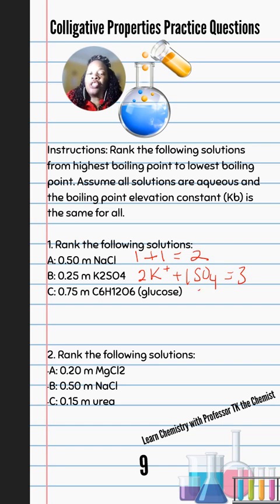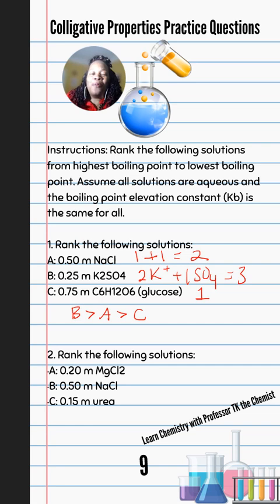So when we actually go through and rank them from the highest to the lowest boiling point, the highest boiling point is letter B, followed by letter A, then letter C. So the higher the Van't Hoff factor, the higher the boiling point.